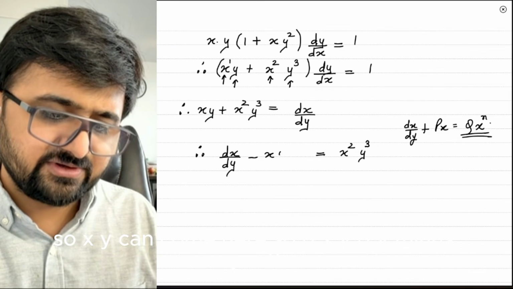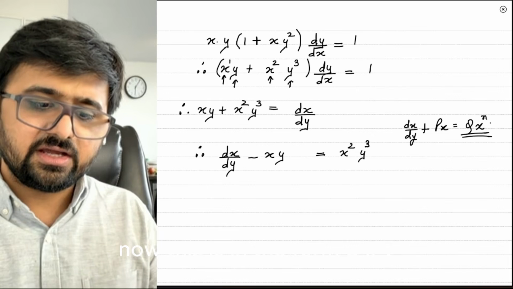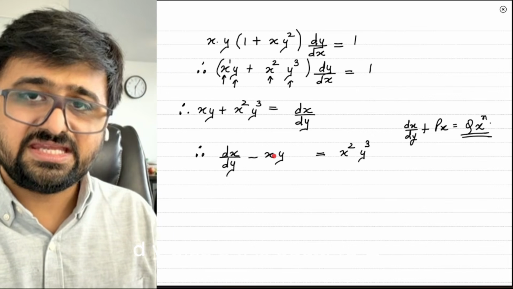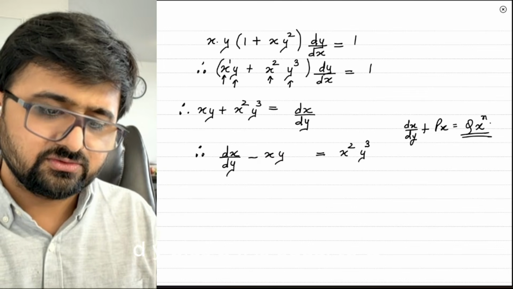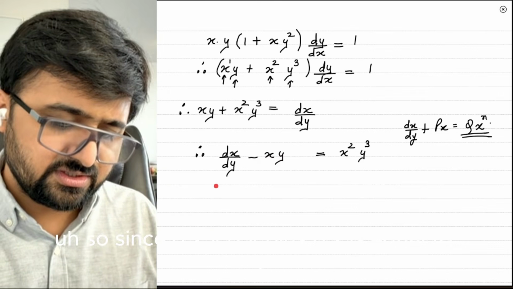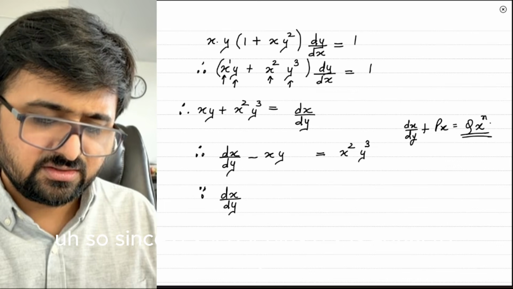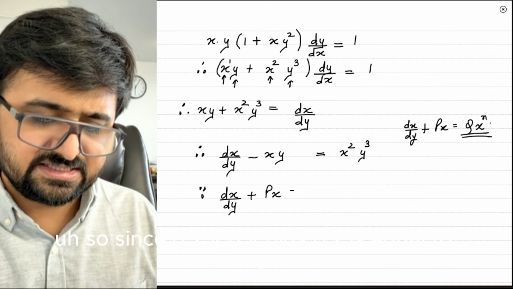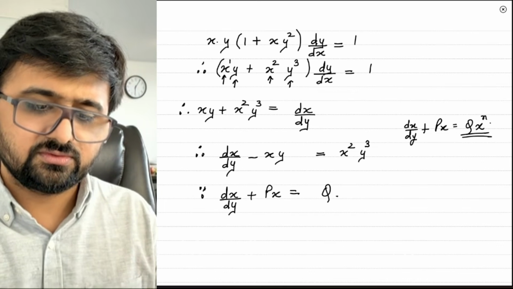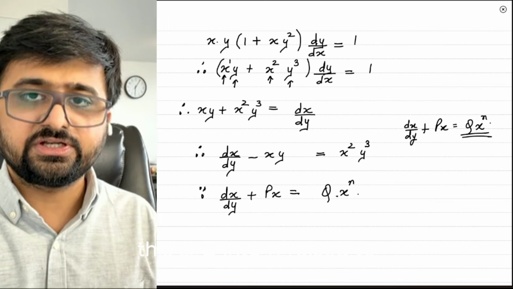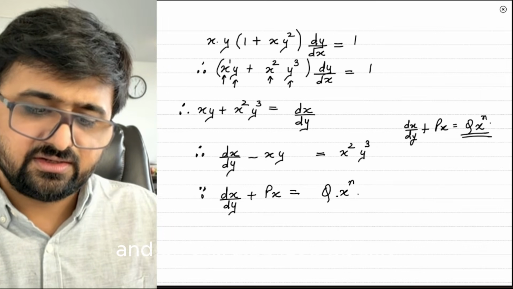So dx by dy minus xy is this. Now this is in the form dx by dy plus px is equal to q into x raised to n.